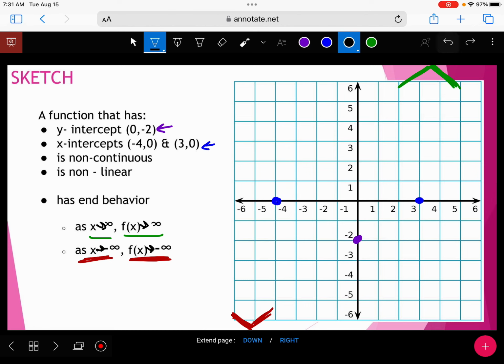You could do something like this, where you just stop and start. That's non-continuous and meets all the requirements. You could do little pieces like that. That would do it. There's lots of different ways you can do this.